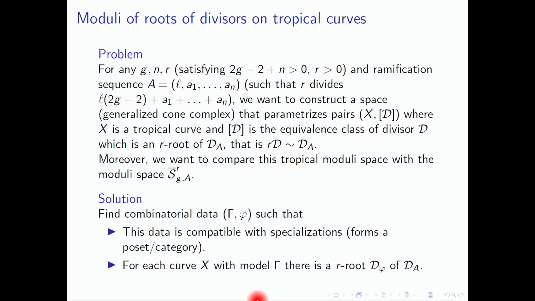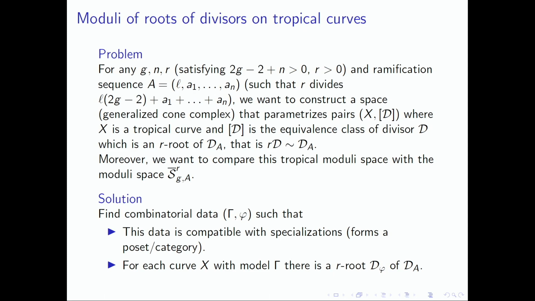So this is important. And also, it is important for the modularity of the space that this Gamma should recover a tropical curve, or all the tropical curves having Gamma as a model, but Phi should recover a root of the divisor.